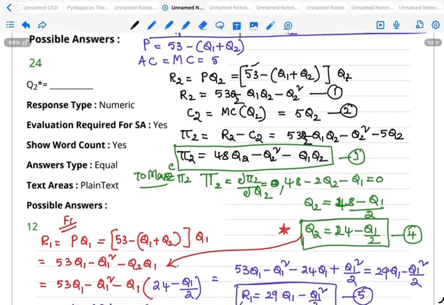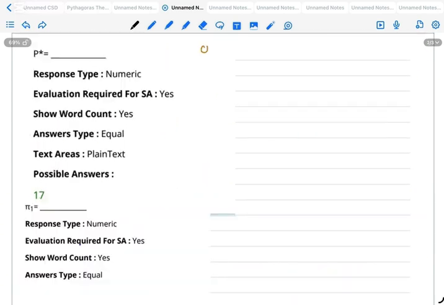So Q1 star equals 24, and Q2 equals 24 minus Q1 by 2. So 24 minus 24 by 2, that equals 24 minus 12, that equals 12. So that is Q2 star equals 12.